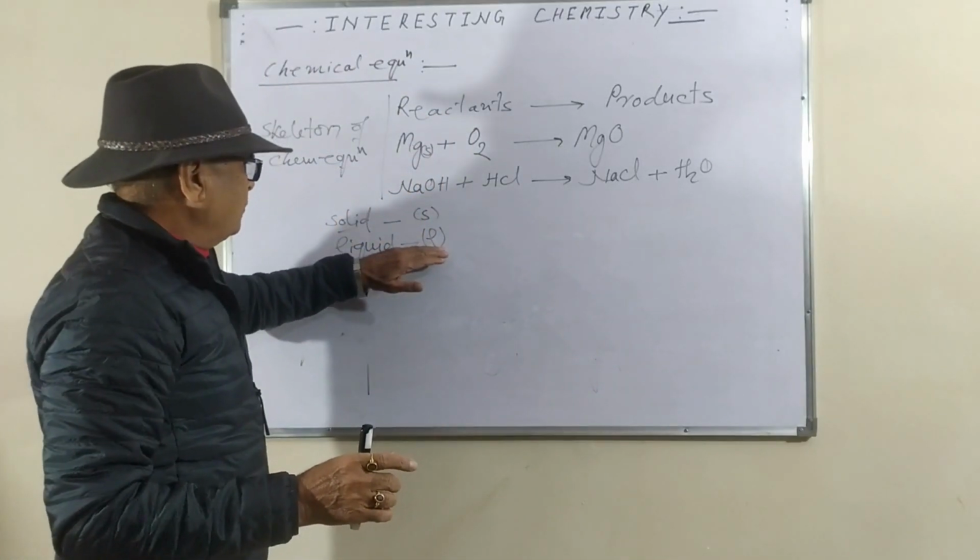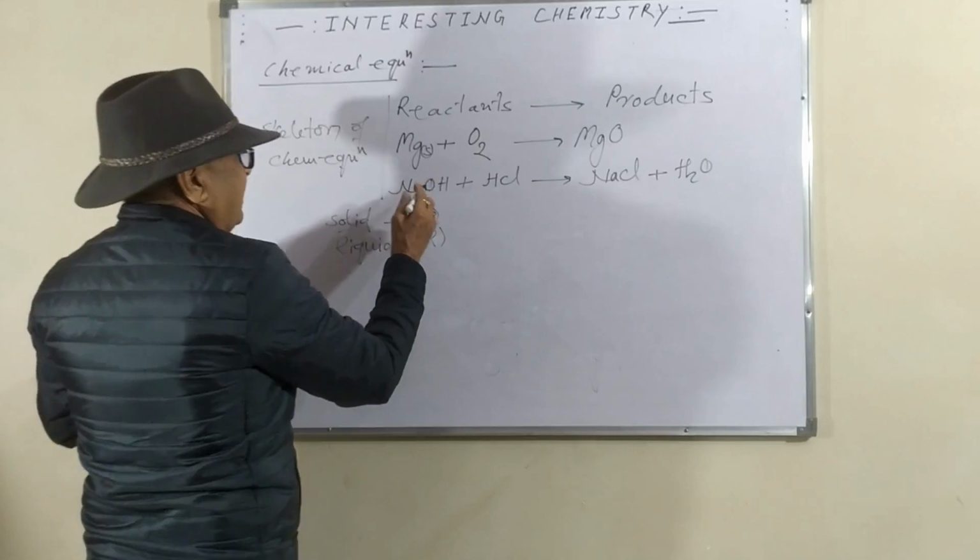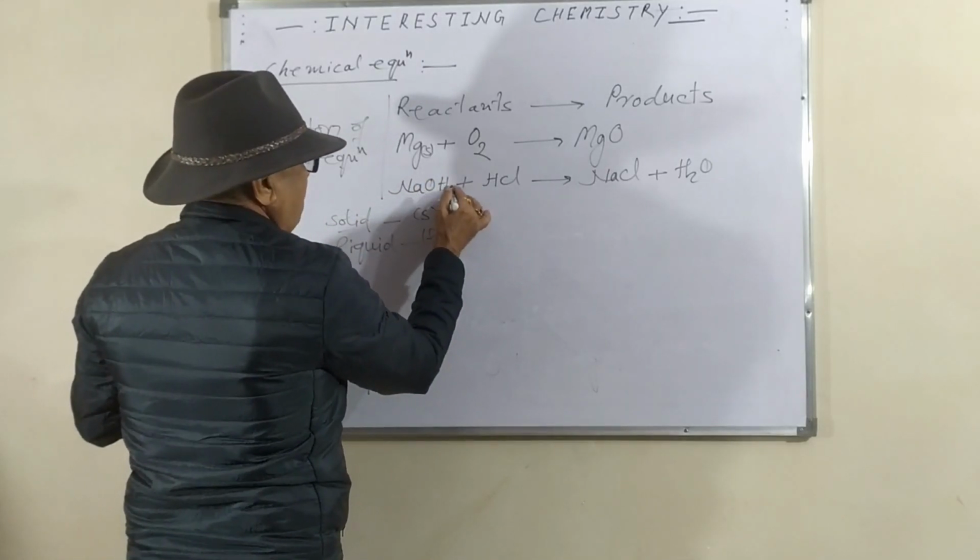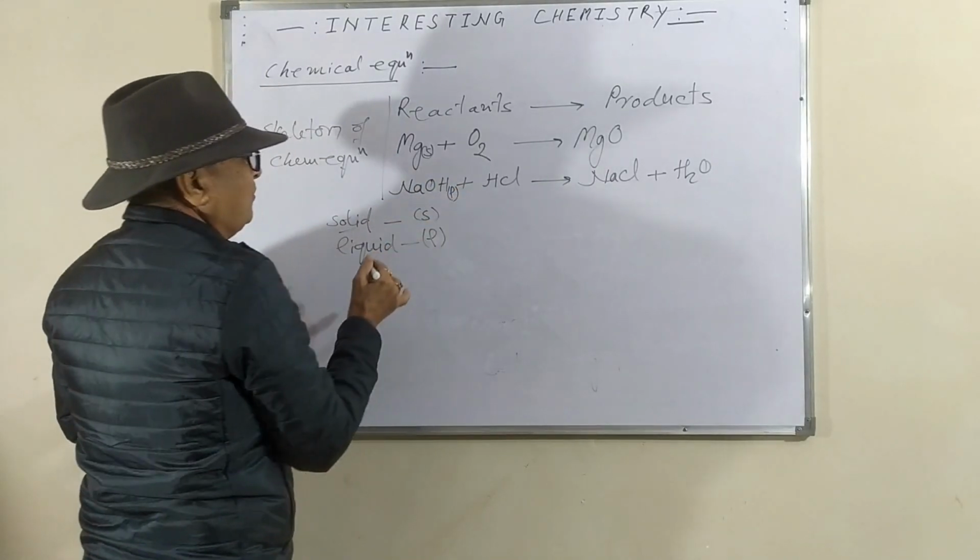So this (l) shows that NaOH is in the form of a solution or a liquid.